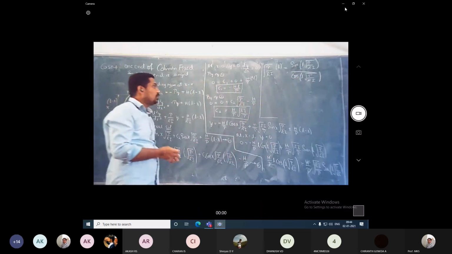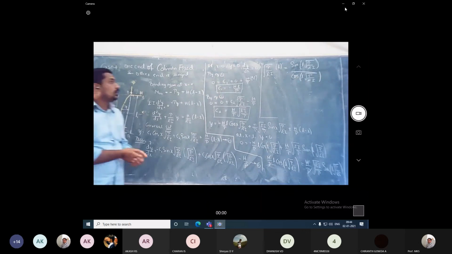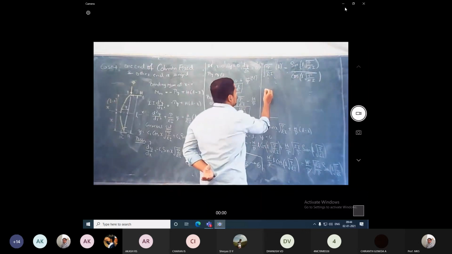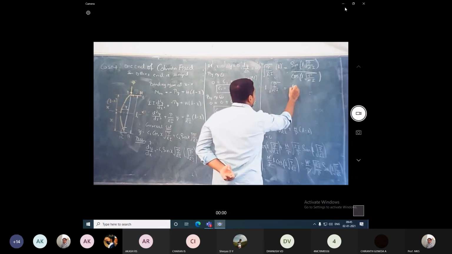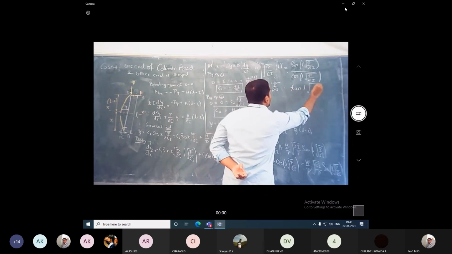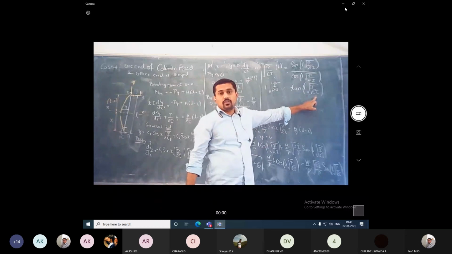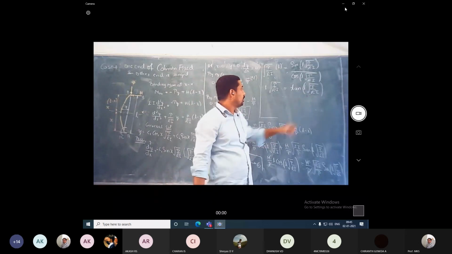Sine by cos is tan. So this is L into root of p by EI is equal to tan(L root(p/EI)). Let L into root of p by EI be theta.